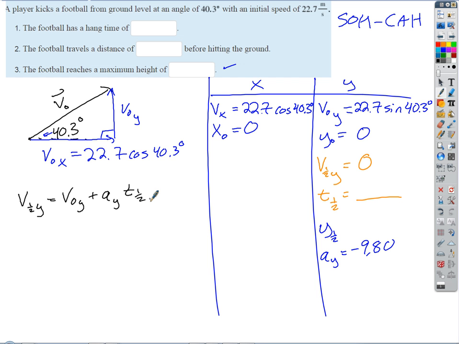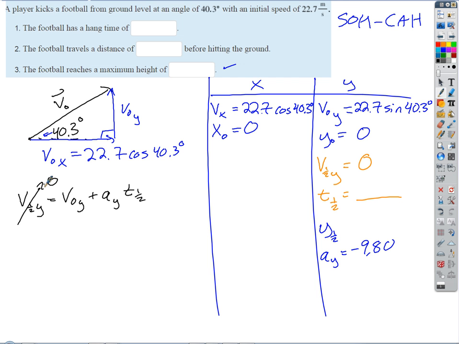That's our equation. And we know v sub 1/2 is 0, because the velocity at the half point, when we're at the top, is 0. All this other stuff, those are numbers.